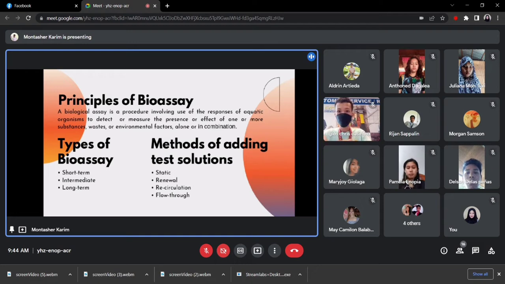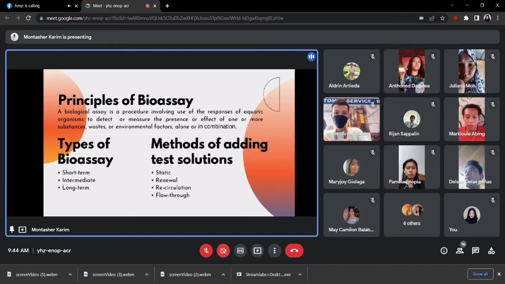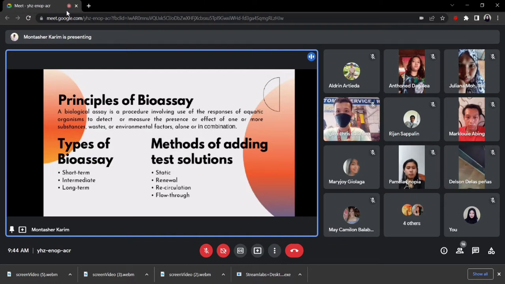First is the static. The test animals remain in the same test concentration for the duration of the test. Next, the renewal. This is a static test where the test animals are transferred to a fresh test solution of the same composition at periodic intervals. Next, the recirculation. This test involves the circulation of the test solution through the chambers.